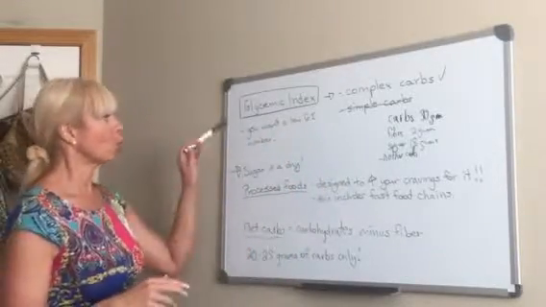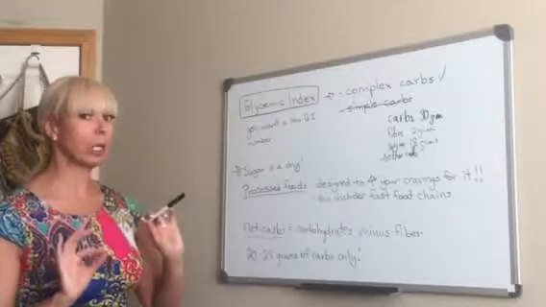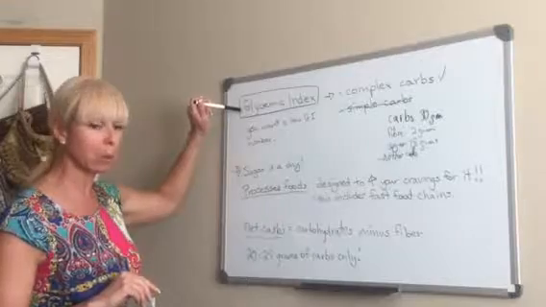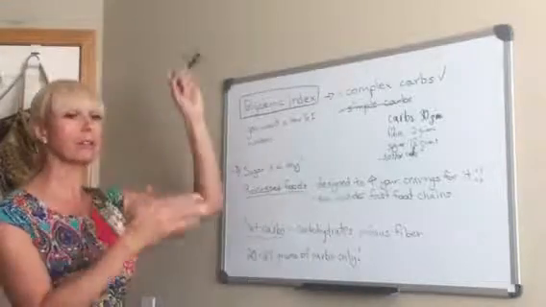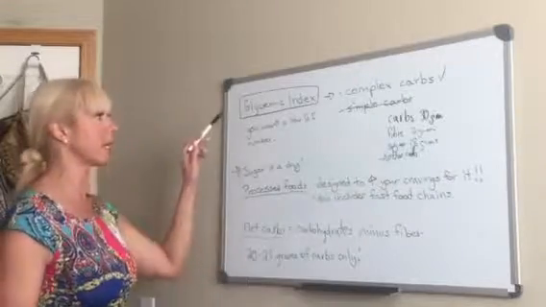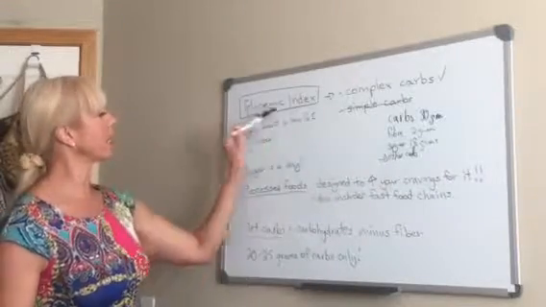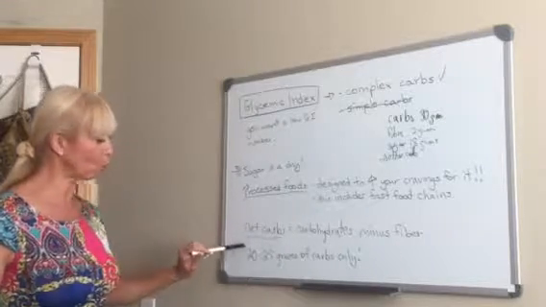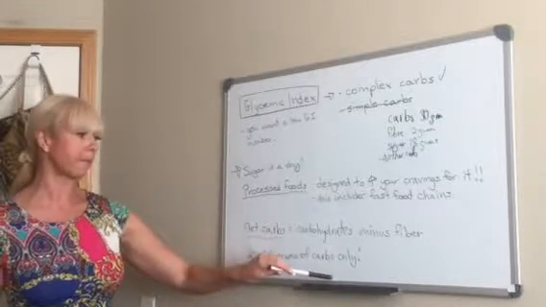Okay, so just to go over this again, this is really important that you get that. You are looking at the glycemic index of food. Lots of sites online list all the food you could possibly question as to what the glycemic index is. You want to be finding a low number, because we need to be only hitting 20 to 25 grams of carbs a day.